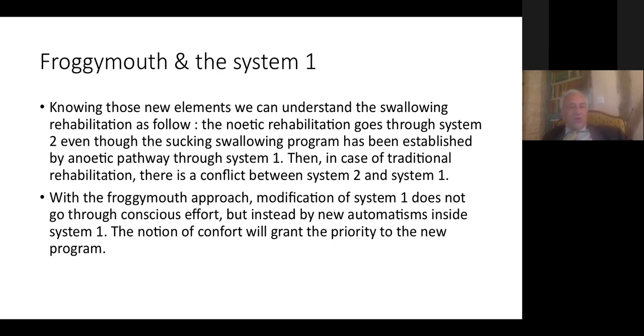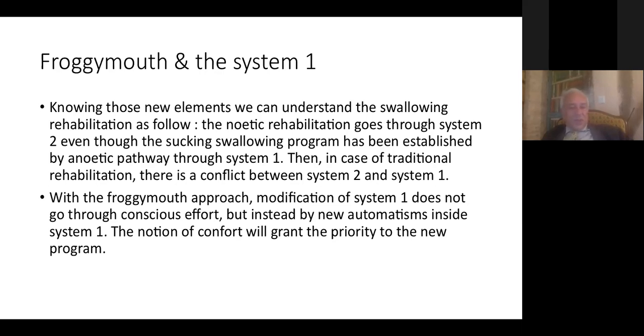When naturally around 4 years old, you change by anoetic action your program, we are in system 1. And when you do a speech therapist correction by top-down action, by noetic rehabilitation, you are in system 2.